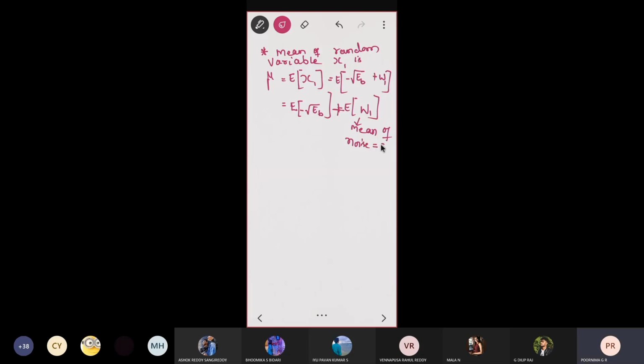It is equal to 0. The mean of a constant is always that constant. So the mean value of the random variable x1 is equal to minus root Eb.